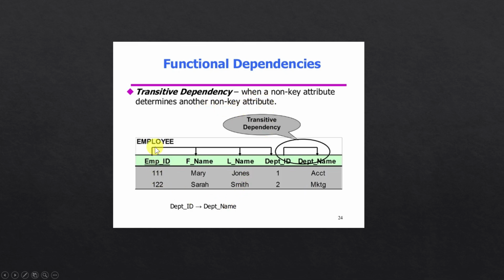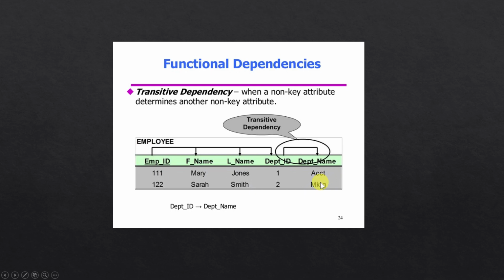So this is an employee table, and this department does not have to do anything with this employee table. So this department ID: we have an employee who works in department 1 and its department name is this.